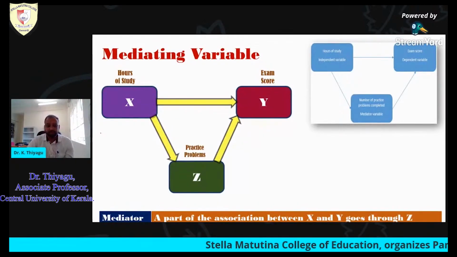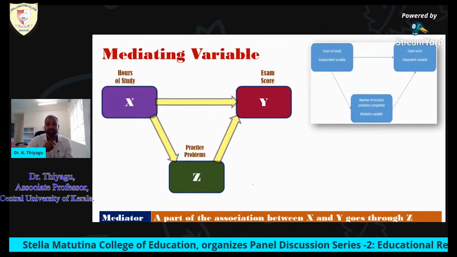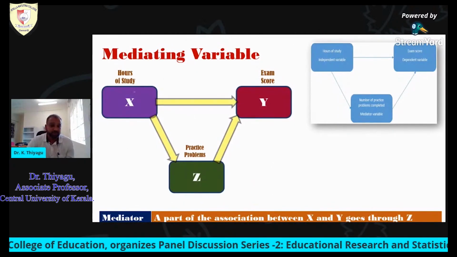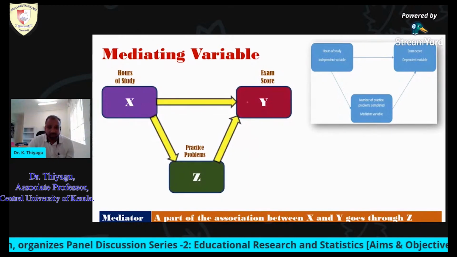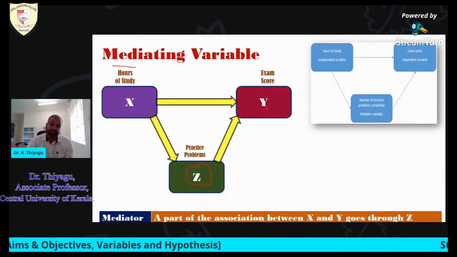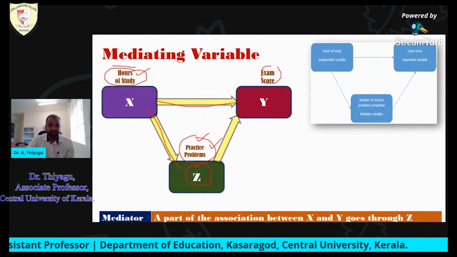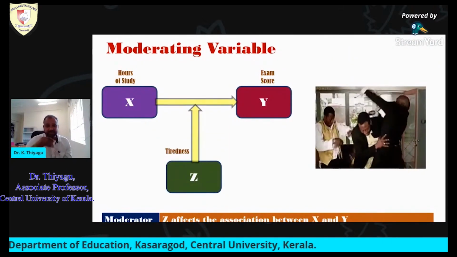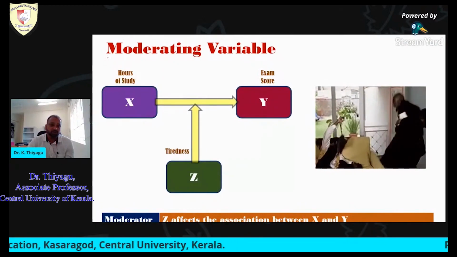Mediating variable. See this image, it is somewhat different compared to the previous images. In this case, X may affect Y, as we know. But in the case of mediating, Z is acting as a mediator between X and Y. Now I'm noting the third example of Z. This is called moderating.